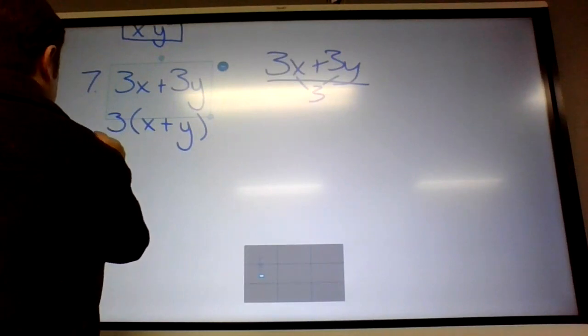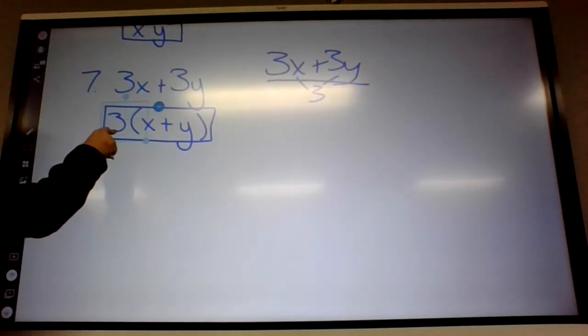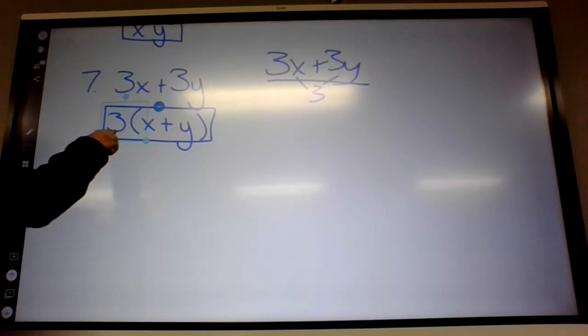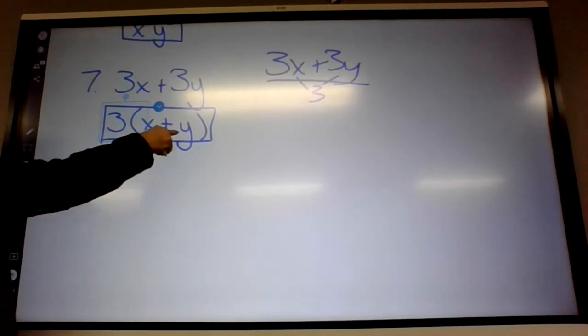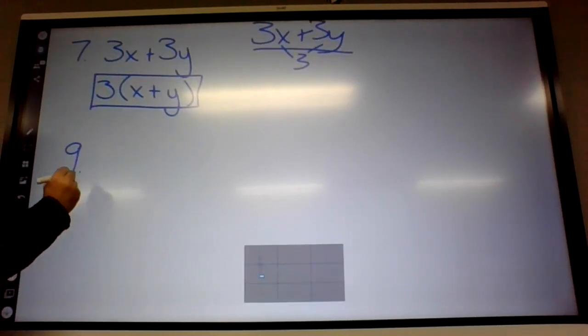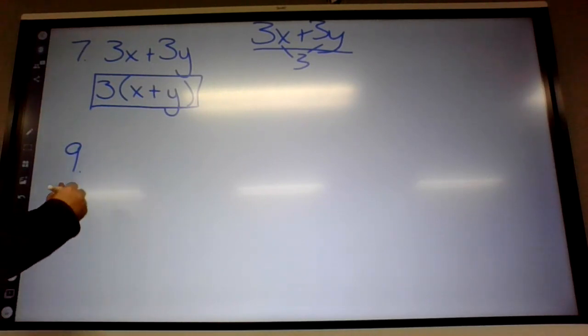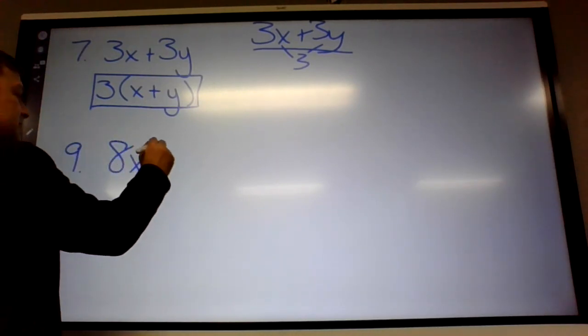So this is the answer. Sometimes the number that people take out, they just throw away, and that would be wrong. If we multiply this back together, it should go back to this. They are equal values.